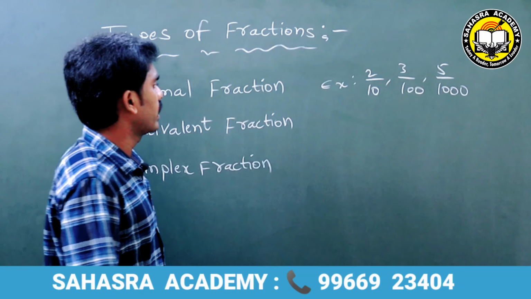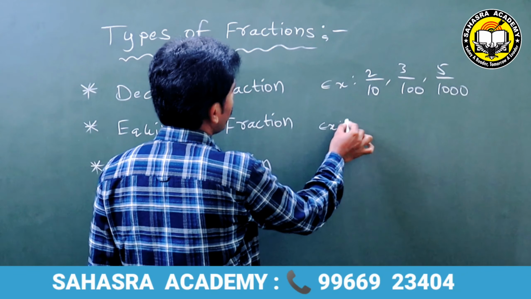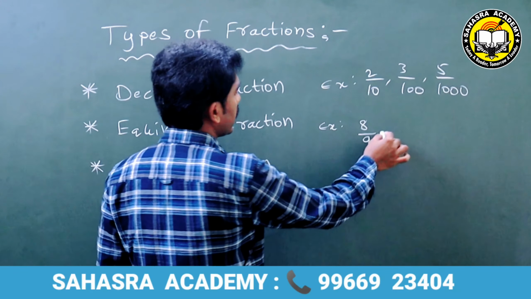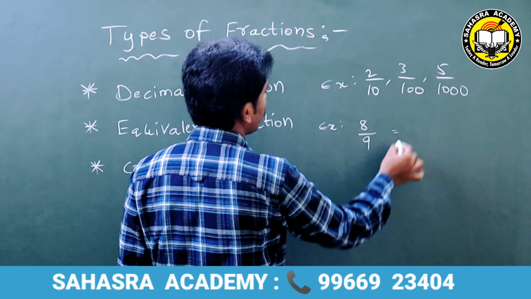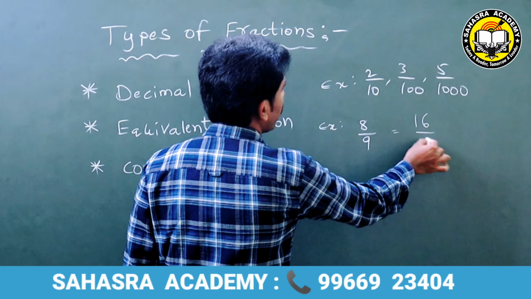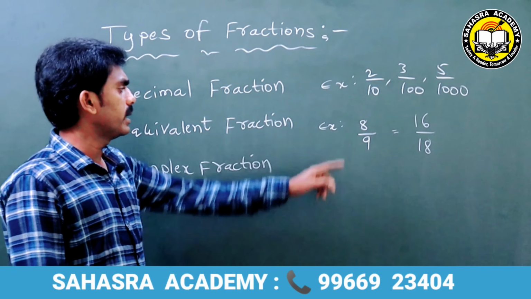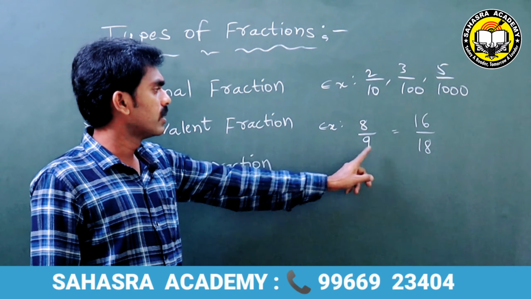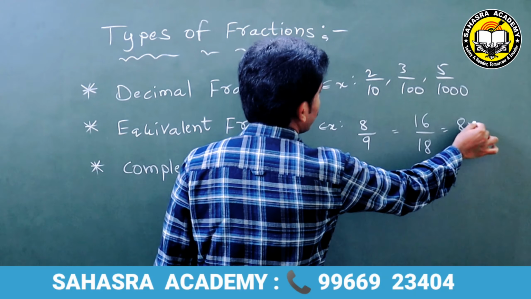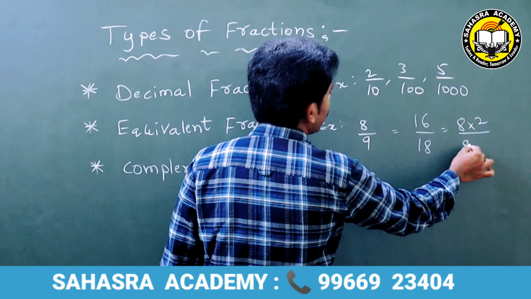Next, equivalent fraction. For example, I am taking 8 by 9. So what is the equivalent fraction of 8 by 9? For example, I am taking 16 by 18. 16 by 18 is an equivalent fraction of 8 by 9. Here I multiplied both the numerator 8 and denominator 9 by 2.